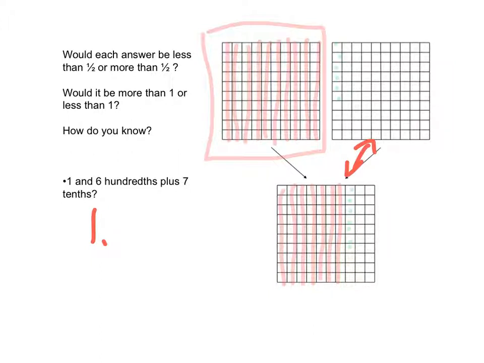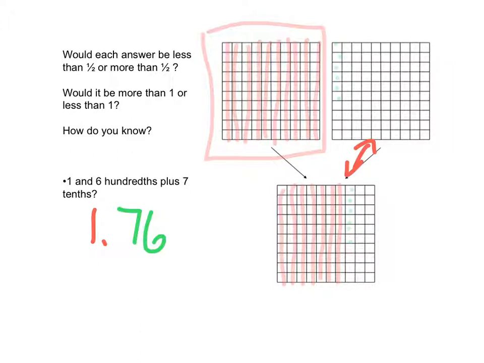And so now, oops, too many. I see that I have the 7/10 that I started with plus another 6 hundredths. So now I have 1 and 76 hundredths.